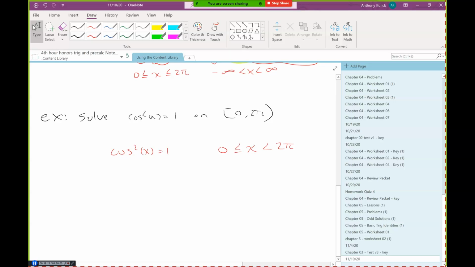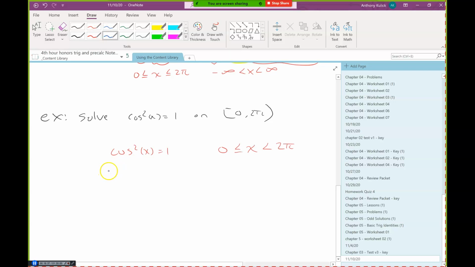Okay, so if we want to solve for x, what's the first thing that we should do to get the x by itself? Yes.